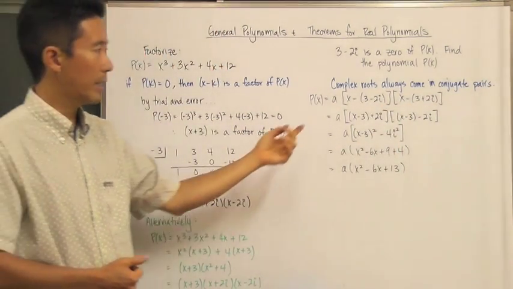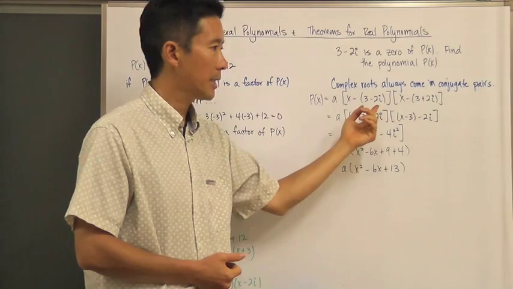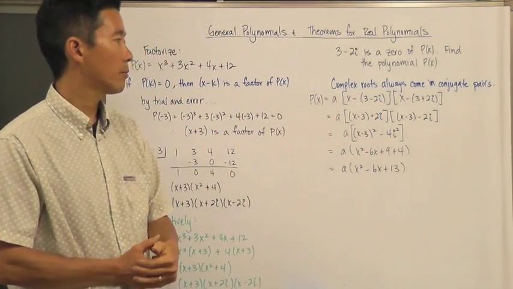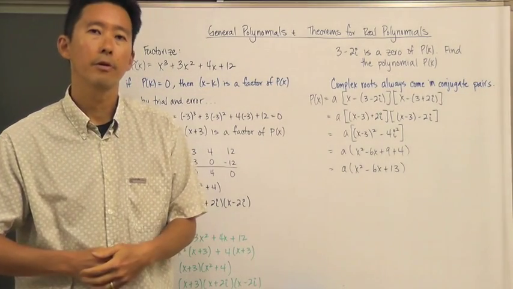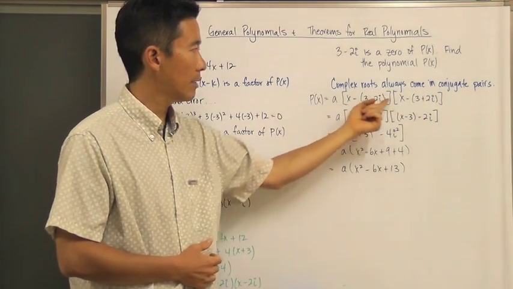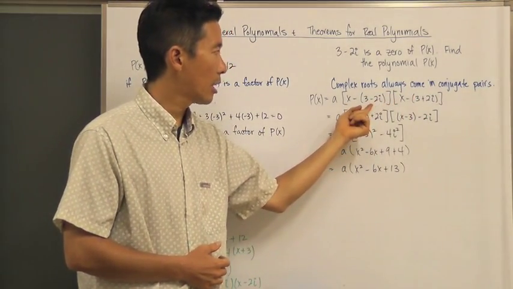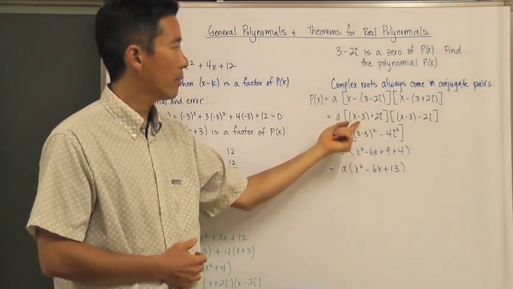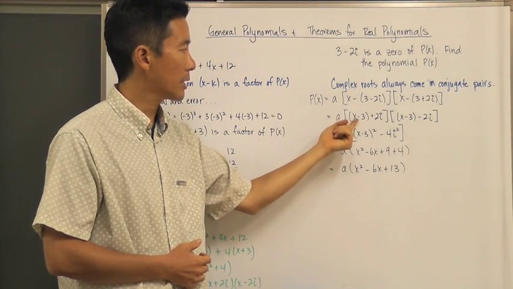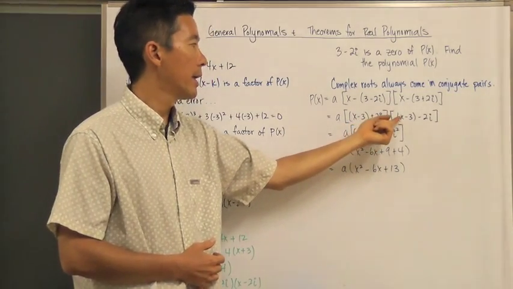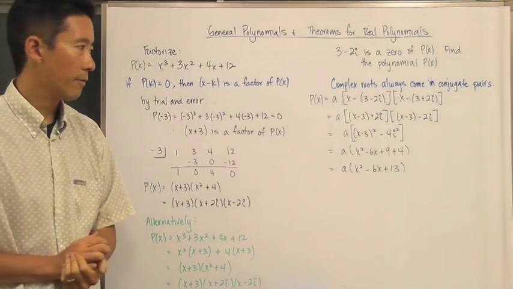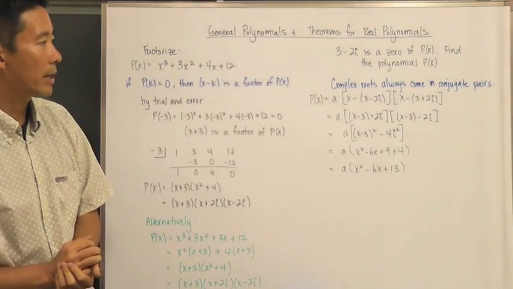Now, usually we can do this distribution using FOIL, but I would recommend one small change to make the FOIL much simpler. If we distribute the negative to the complex numbers, and we regroup them as the quantity x minus 3 plus 2i and the quantity x minus 3 minus 2i, then you have a difference of squares.